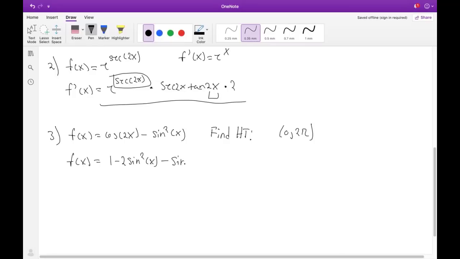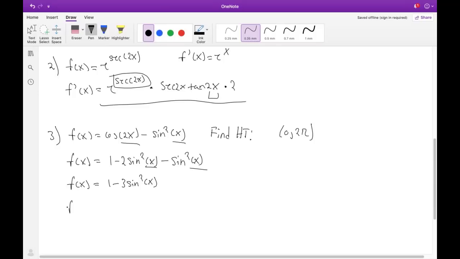And then we have sine squared of x here. So now our angles are both just in terms of x. So that's the first step. And then we can simplify this to reading f(x) is 1 minus 3 sine squared of x.